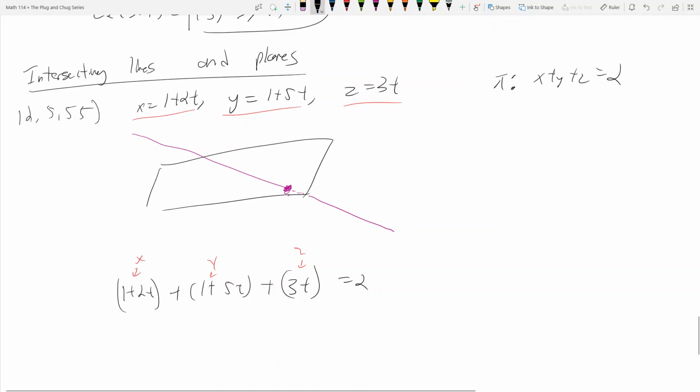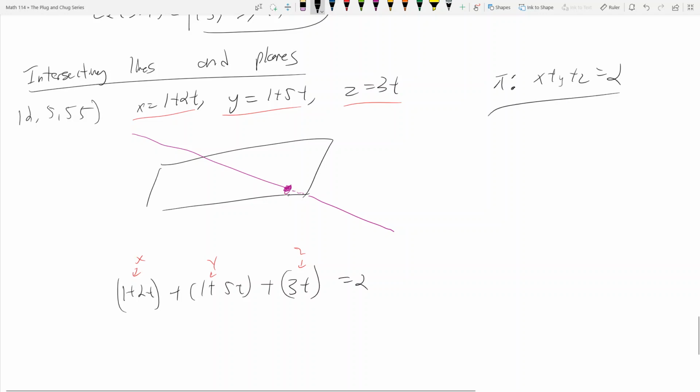If I had random numbers out here, like 4, negative 3, 7, 11, I'd have to multiply these by the coefficients. This has to be multiplied by whatever. You guys get the idea. So you just plug x, y, z into the plane equation, and this is equal to 2.